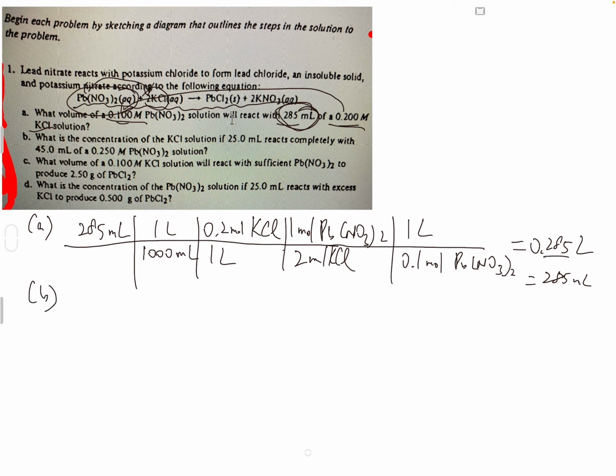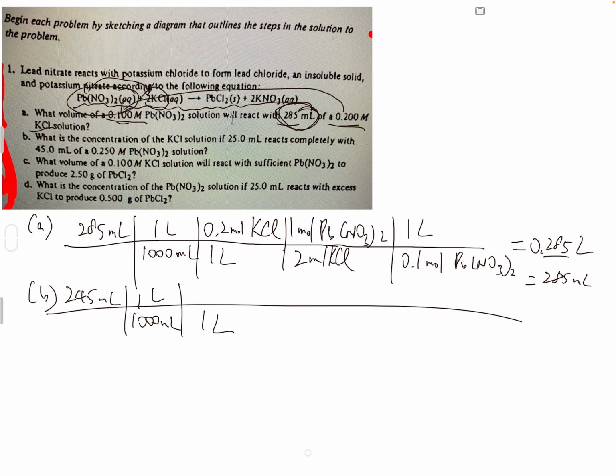So scenario B, we start out with, let's say, 245 milliliters. Then we do the conversion. 1000 milliliters is the same as 1 liter. For 1 liter, we have 0.250 mole of Pb(NO3)2. Then the ratio of Pb(NO3)2 to KCl is 1 to 2.